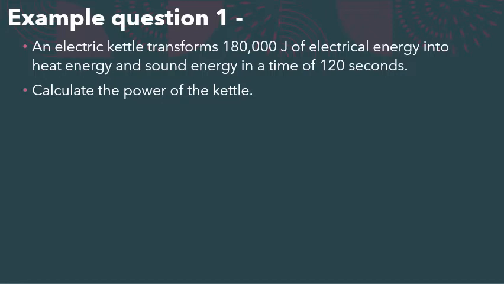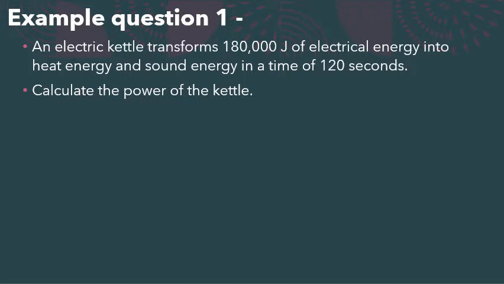So let's look at example question 1. An electric kettle transforms 180,000 joules of electrical energy into heat energy and sound energy in a time of 120 seconds. Calculate the power of the kettle. This is how I would advise you to perform this calculation.